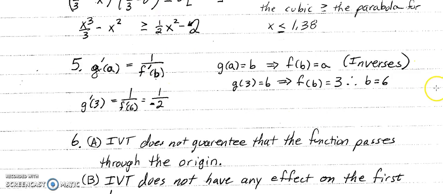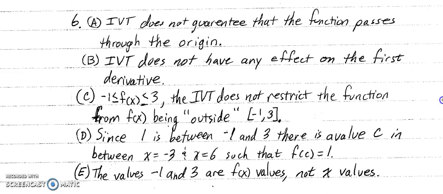So again, A does not know anything about a specific value. B, first derivative has nothing to do with intermediate value. We're thinking mean value here. Now, this looks like it can be because we said f takes on all values in between -1 and 3, but that doesn't mean it can't be outside or greater than 3, less than -1.